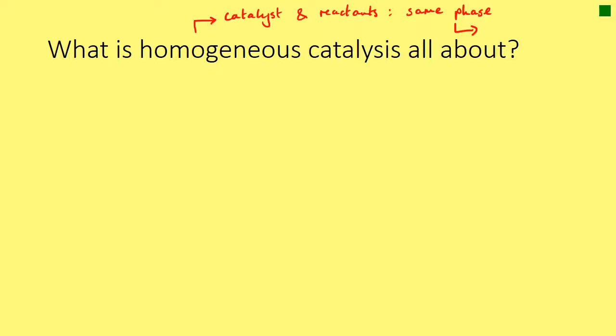And usually that means that everything is aqueous solution. So our catalyst is in aqueous solution and our reactants are in aqueous solution. And if that is the case, then we're talking about homogeneous catalysis.